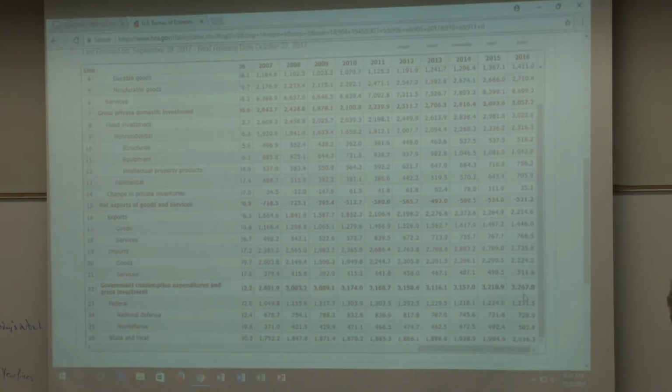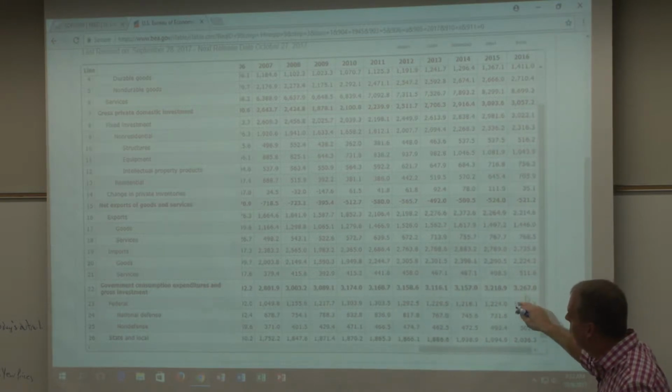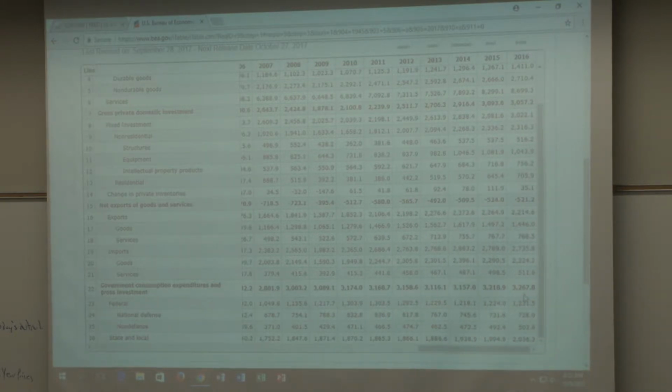Now remember what's included in this $3.2 trillion for government expenditures. What does it include? What does it not include?